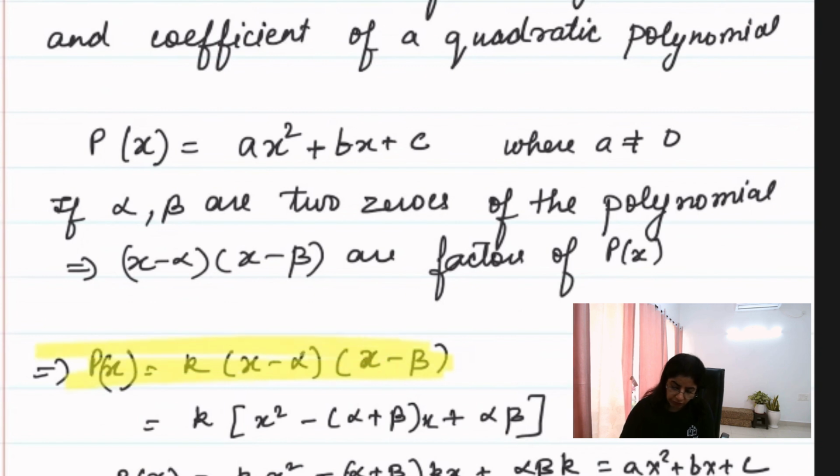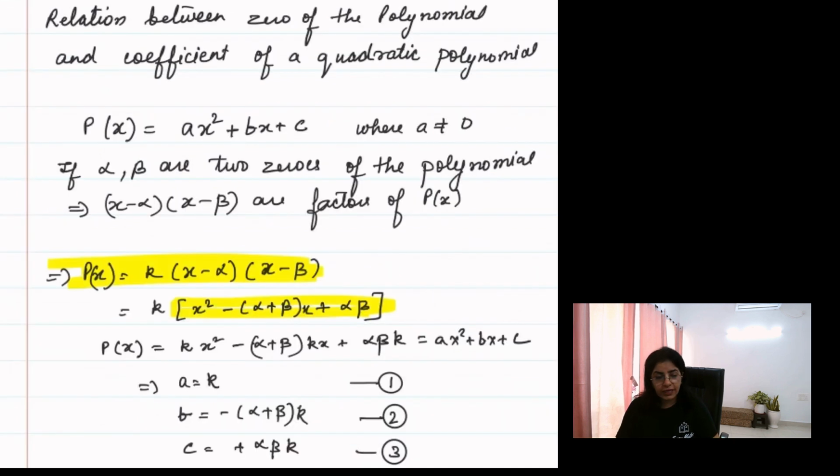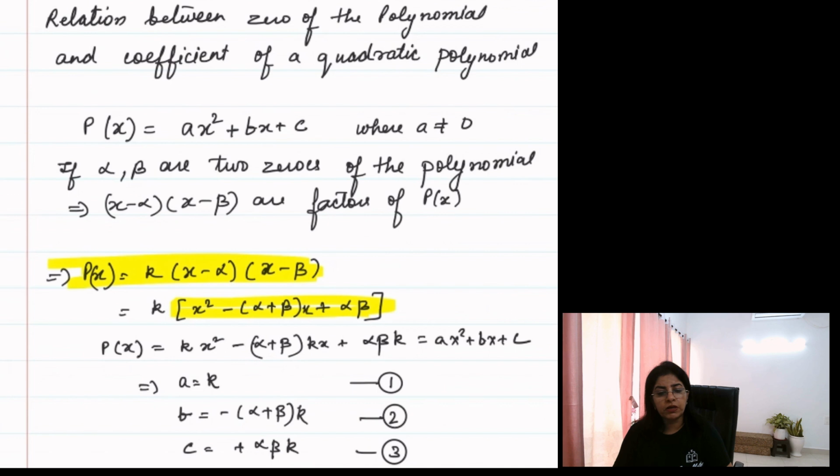That means we can say p of x is equal to k into x minus alpha into x minus beta. If it is so, let's open the right hand side and solve it out. We get the equation in this format: k times x square minus alpha plus beta x plus alpha beta.